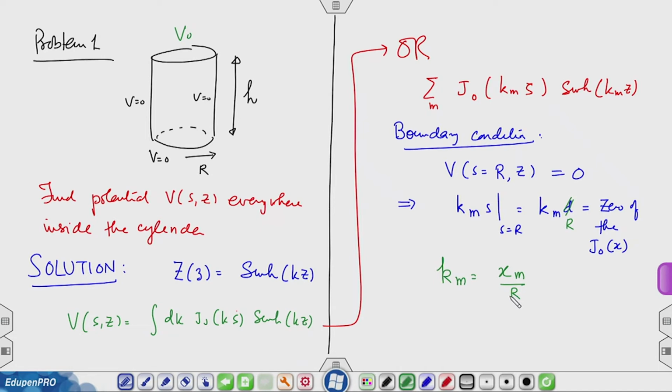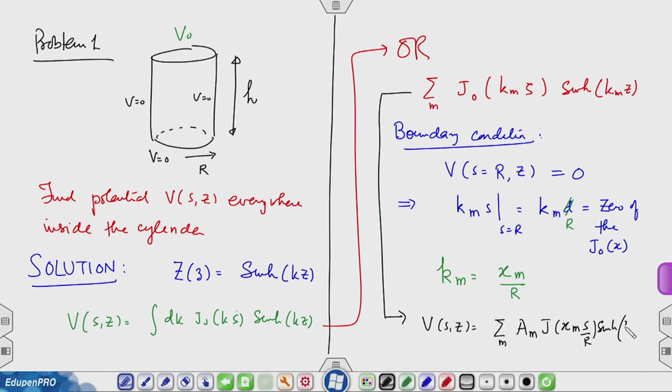x m over r, and therefore, the solution is going to be the summation solution, and V s z is going to be equal to summation m some function a m J0 x m s over r sine hyperbolic x m over r z. That is my solution.